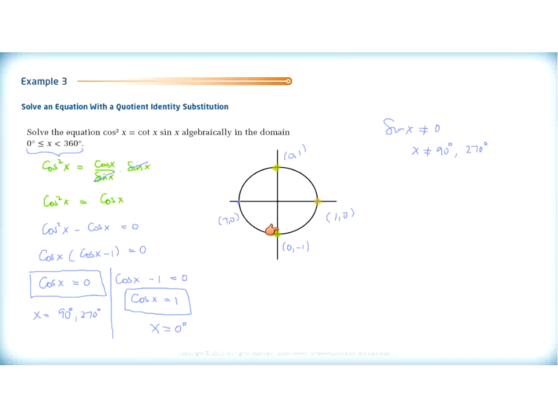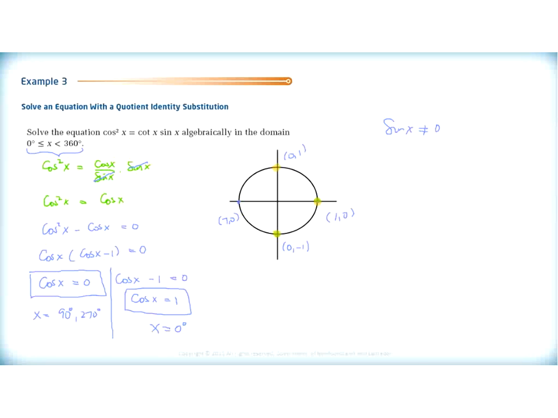So, x cannot equal 90 and x cannot equal 270. Because again, if x were equal to 90 or 270, this would be undefined. Oh, I'm sorry, I've made a mistake here, haven't I? I've done where cosine x is equal to 0, not sine x. I need to go back and correct that. Sorry, guys.